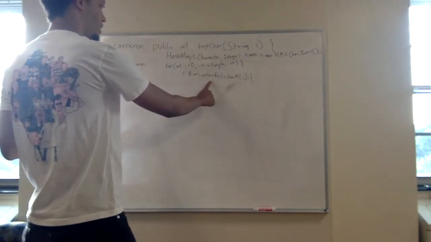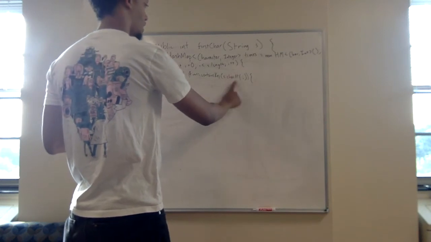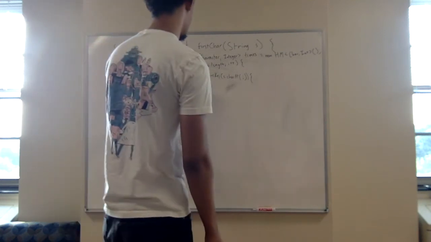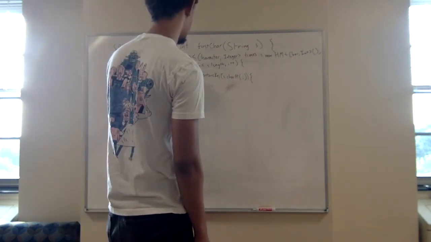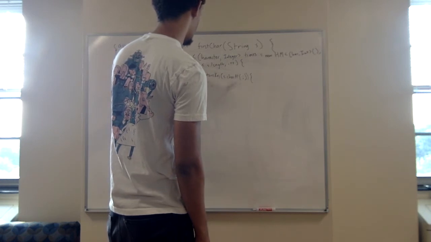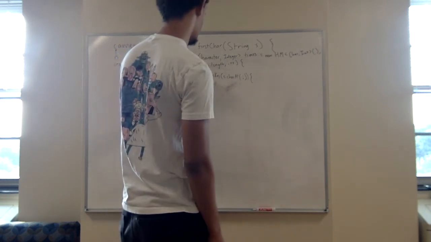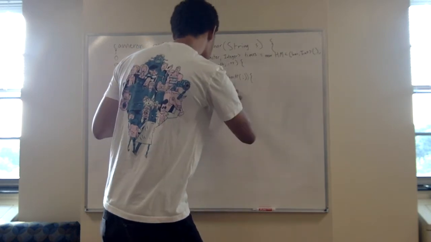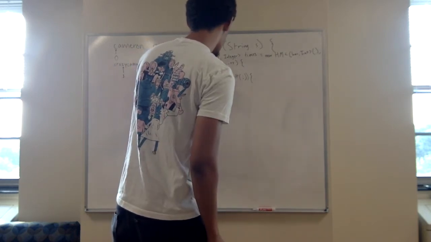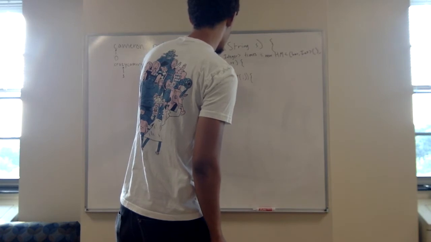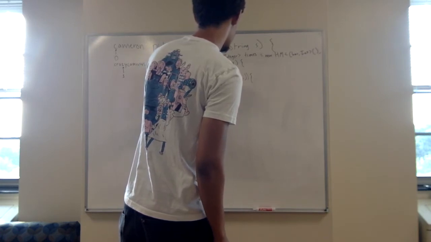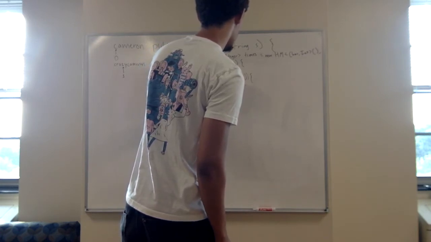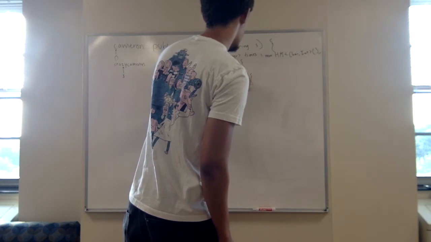So if times.containsKey the character at i, then what I want to do is say int val equals times.get(s.charAt(i)).